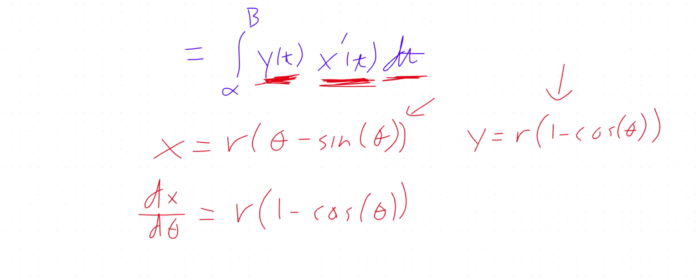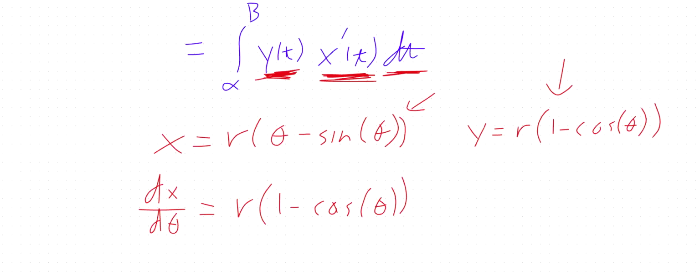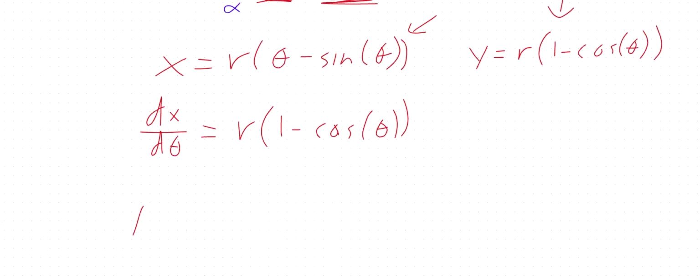So now, whenever we go to find our area, let's go with our values from 0 to 2 pi, because that'll give us one arch.